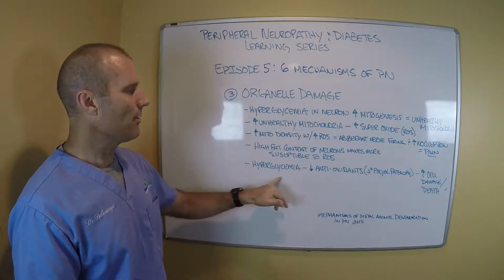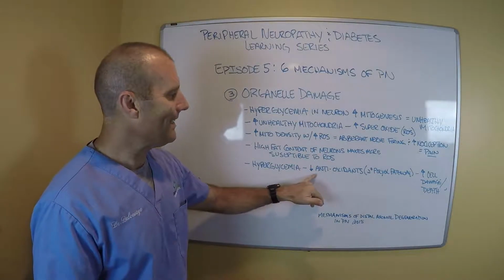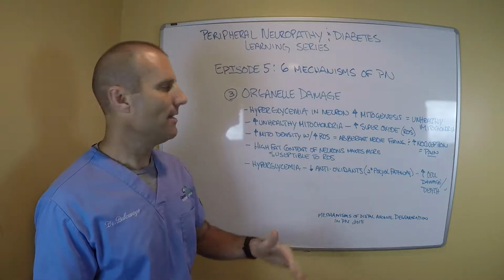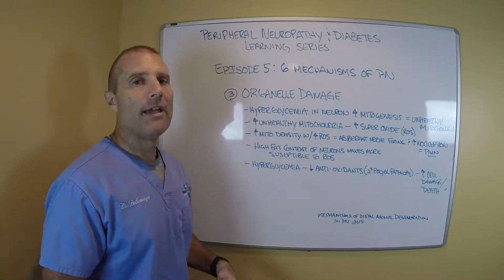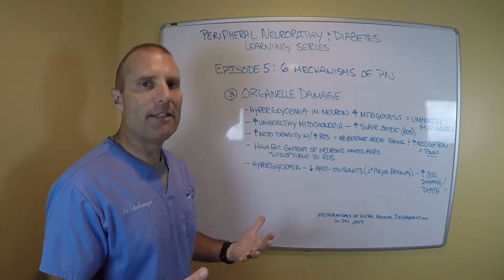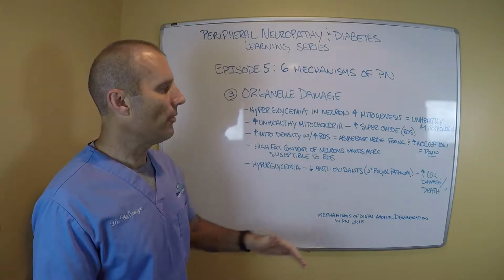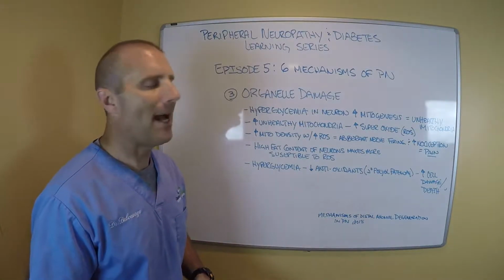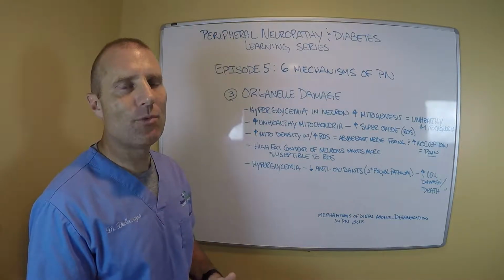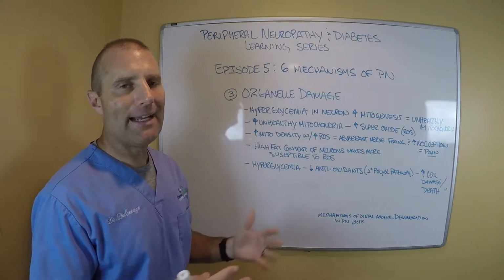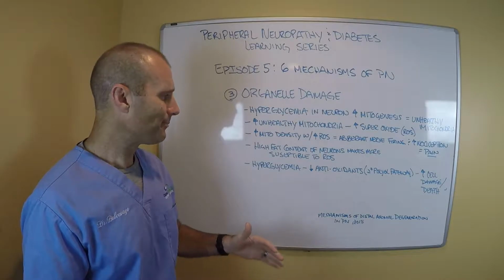And this hyperglycemic state decreases the antioxidants to deal with the reactive oxygen species. One, we talked about, as you have increased hyperglycemia in the cell, we have upregulation of something called the polyol pathway that depletes something called NADPH, so we lose our antioxidant capacity that way.